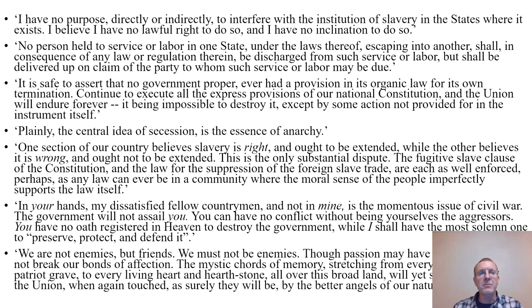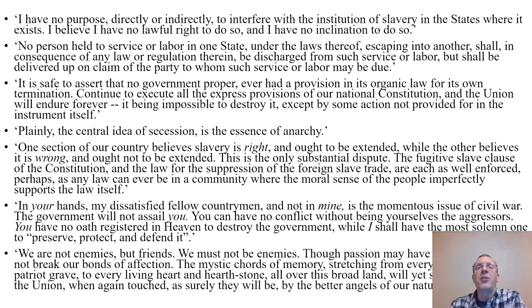Now, let's look at Lincoln's inaugural speech. And Lincoln, of course, is trying to urge quite a lot of calm here. At this point, you've had secession of 7 states. They've come together now to form the Confederate States of America. They've created their own government. They've got a president, a cabinet.